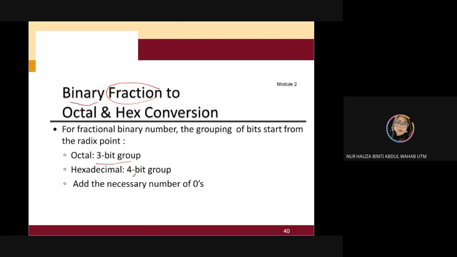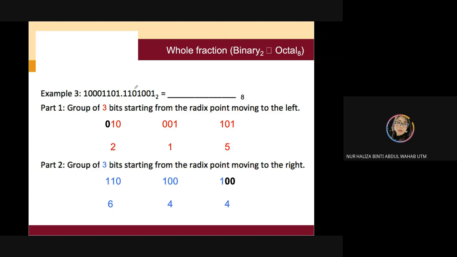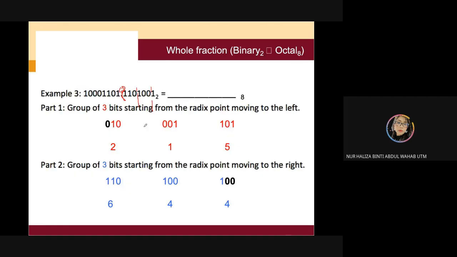You need to group also, and for your fraction, you will group starting from the MSB side. It will start from here, then you will group 3, 3, and so on. Let me try to share with all of you. Let's say for my integer part, I will start with my LSB, 3, 3.